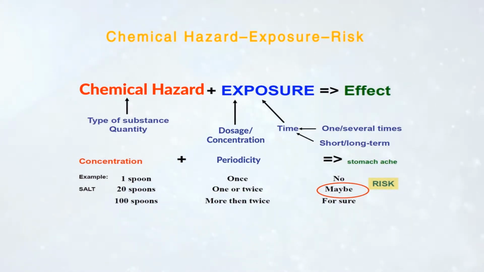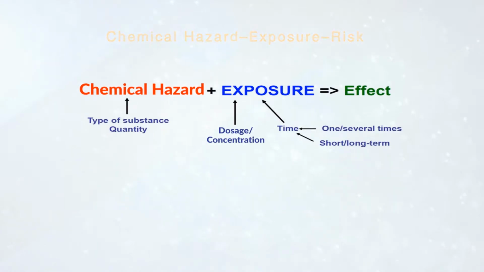The hazardous property of a chemical depends on the quantity of this specific type of substance as well as the concentration of the chemical. The exposure mostly depends on the duration of the particular task, what is the dosage amount of the chemical, and what are all the periodicities of these activities.